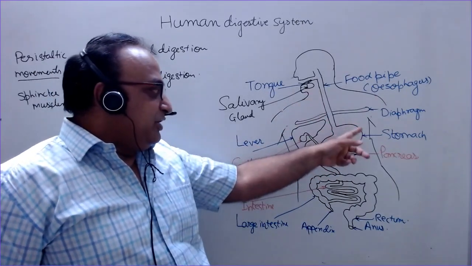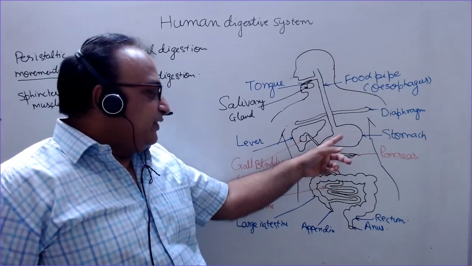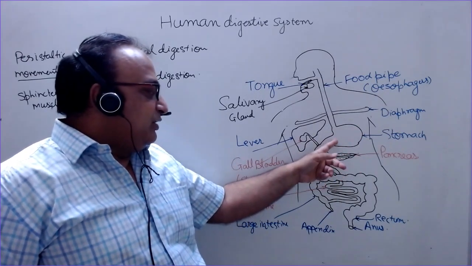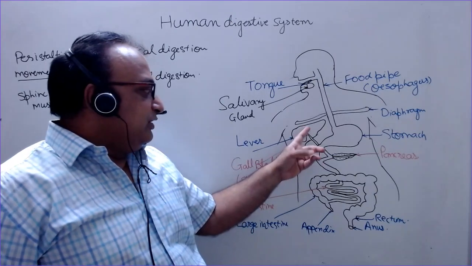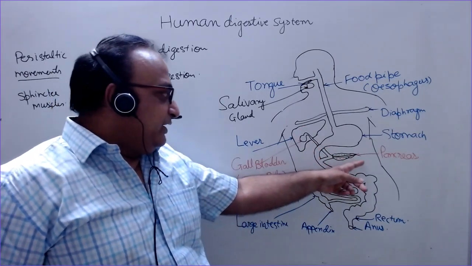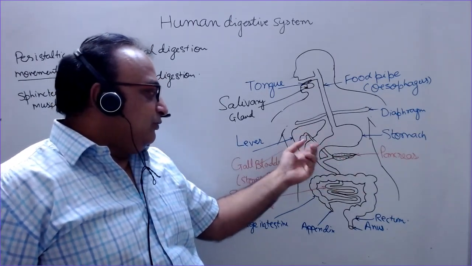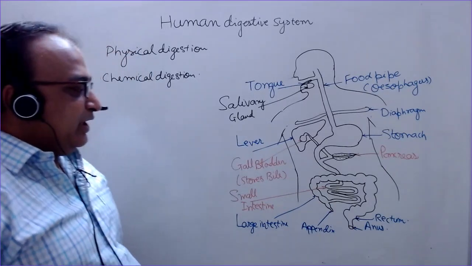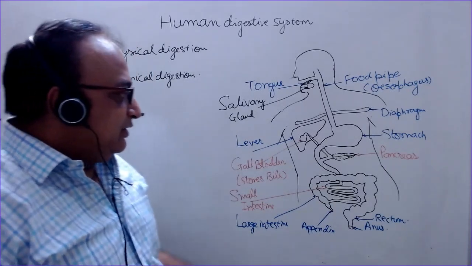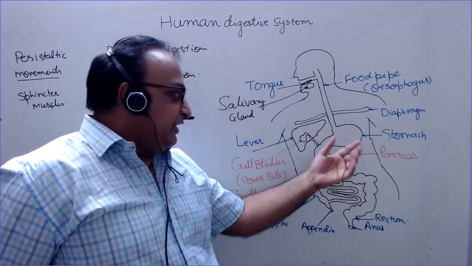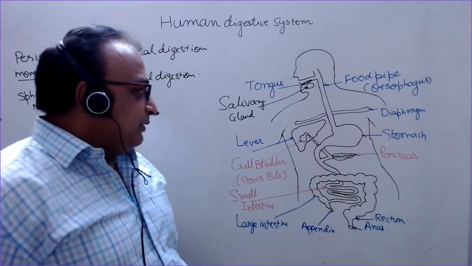This is a J-shaped organ of the body, the stomach. Here it is connected to the pancreas and the liver. They both help in digestion, and they excrete the enzymes necessary for this purpose.